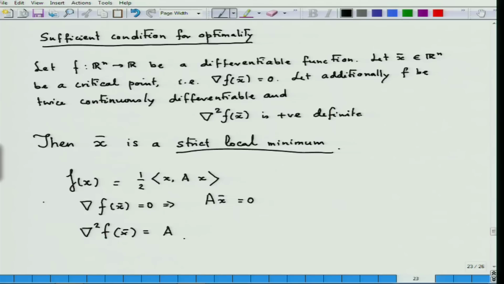For any x, actually, the Hessian matrix is A. So, if A is positive definite, here the answer would of course be 0, as we will soon see. If A is positive definite, then x bar equal to 0 is the only solution. It is a strict local minimum. There are many other cases where the second order condition you have learnt in school actually gives you a strict local minimum.